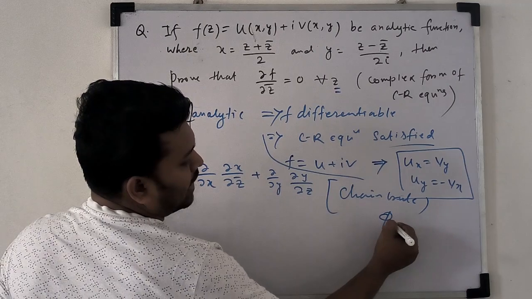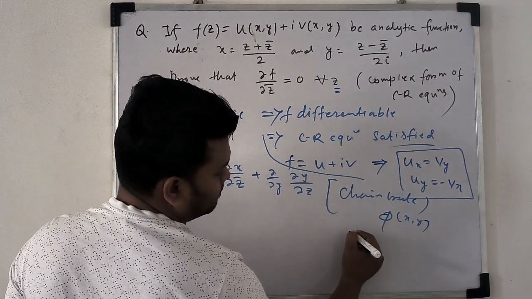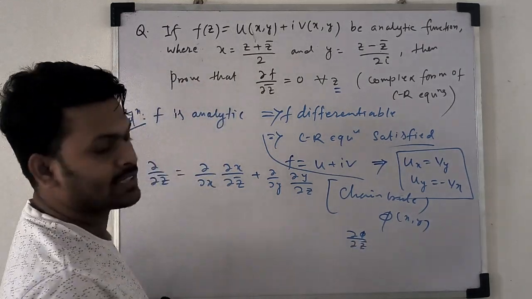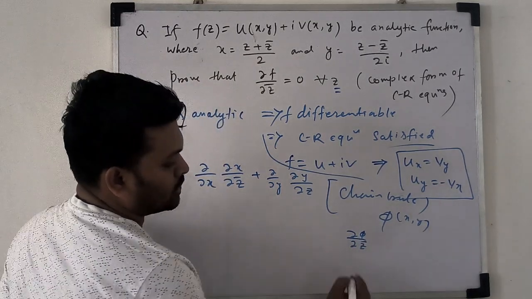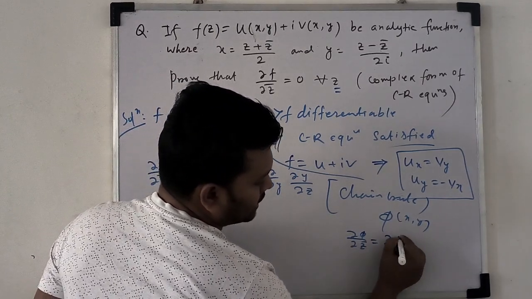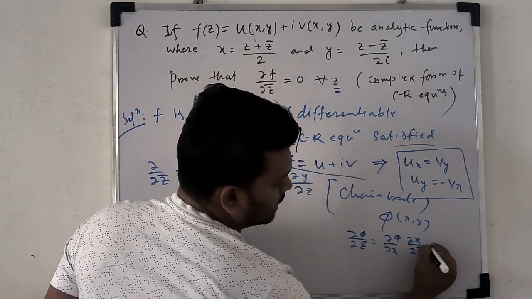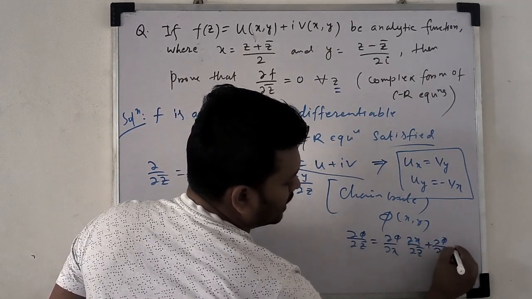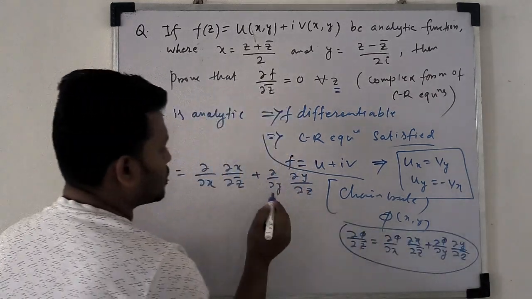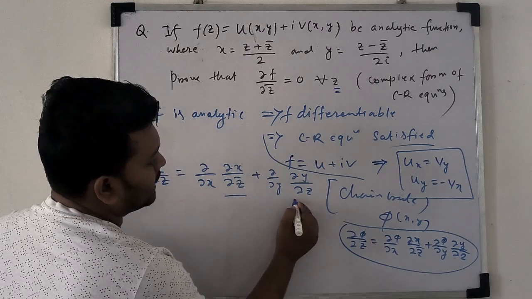If any function φ is a function of x and y, then we can write ∂φ/∂z̄, where z and z̄ are treated as independent variables, as ∂φ/∂x times ∂x/∂z̄, similarly ∂φ/∂y times ∂y/∂z̄. So now we have to find ∂x/∂z̄ and ∂y/∂z̄.